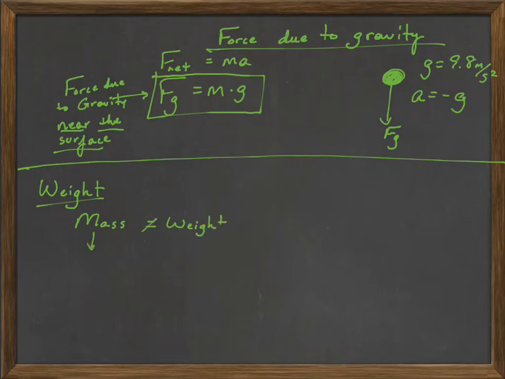Mass talks about how much matter is contained in an object. And the important thing is that this number doesn't change. If you go to the moon, you have the same amount of mass that you do on Earth.